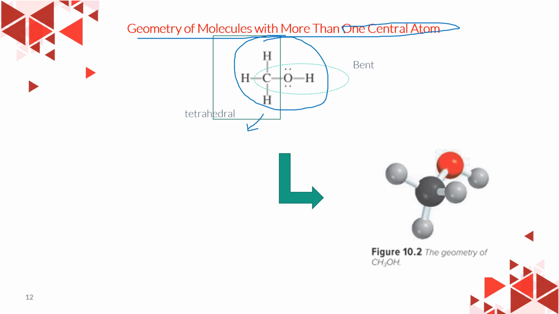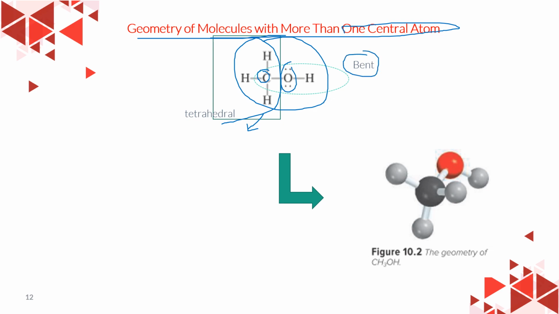So the geometry around the carbon will be tetrahedral, because it follows the configuration AB4, while the C-O-H part fulfills AB2E2, so it should be bent.